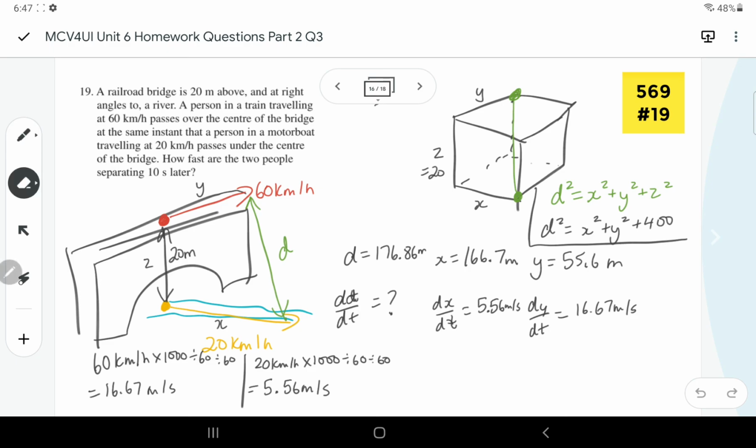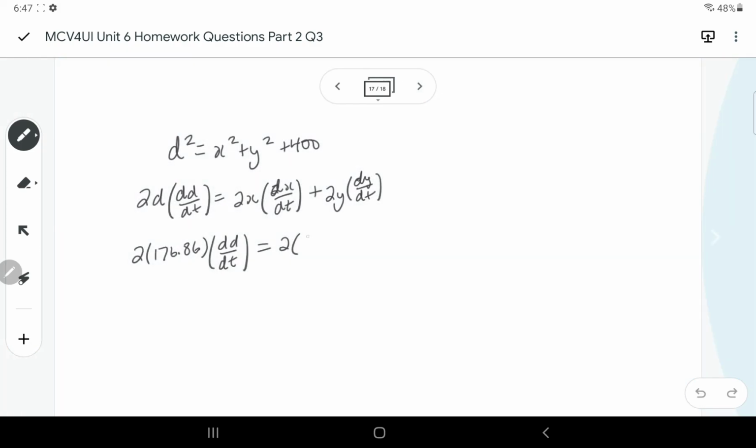Oh, yes, these I wrote in backwards somehow. That will matter. This is 55.6 and this is 166.7. So x is 55.6, and dx dt was 5.56, and then 2 times y was 166.7, and dy dt was 16.67.